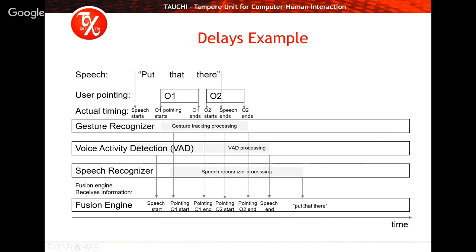We do usually have the timestamp information at this Fusion engine level, but the time when the input information reaches the Fusion engine is often very different from what happened here. So we definitely are not getting information immediately.